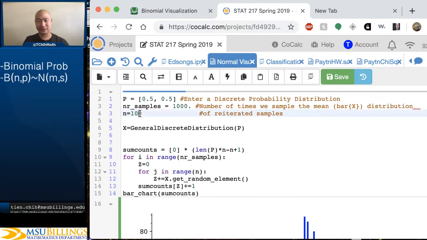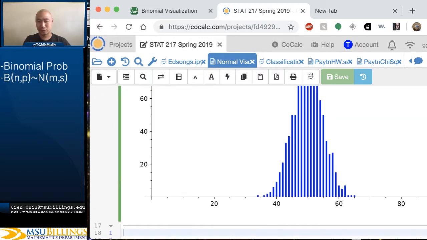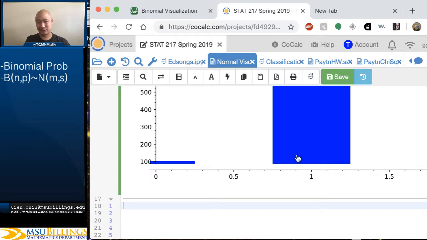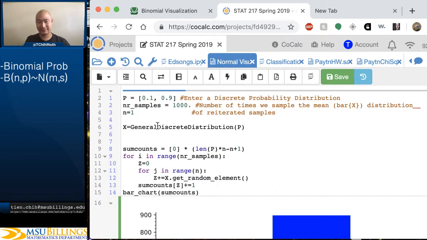And what if, let's go back down to say 1, but instead we'll go with our basketball player. If she shoots 1 shot, she is overwhelmingly likely to make it, and there's some small chance that she doesn't make it, right?